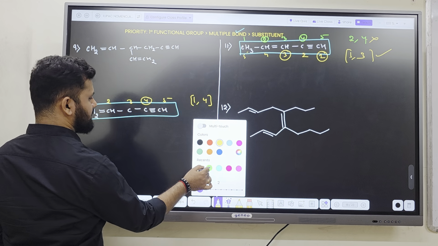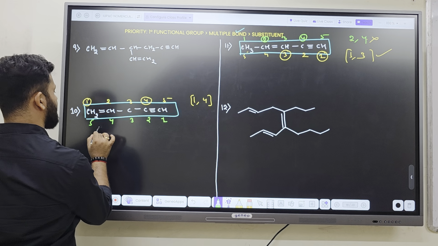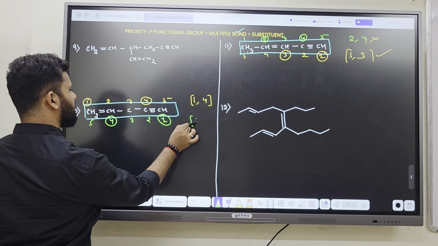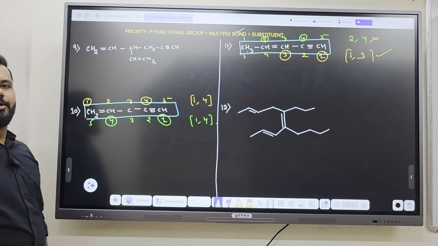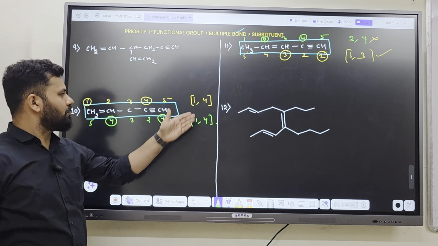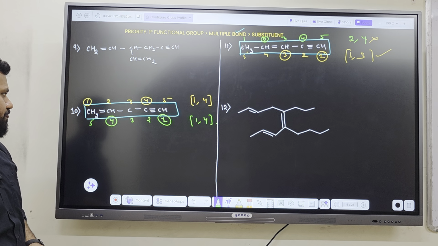If I come in the opposite direction, 1, 2, 3, 4, 5, so at first position and at fourth position. So the set of locants is same. Sir, 1, 4 and 1, 4. So we cannot resolve. In that case, what to do?